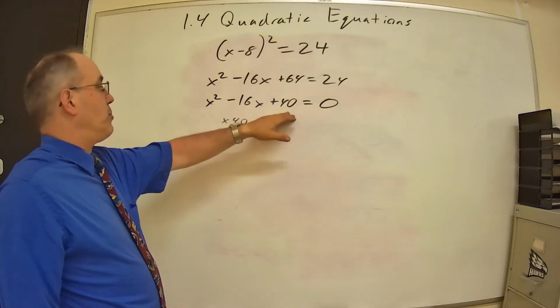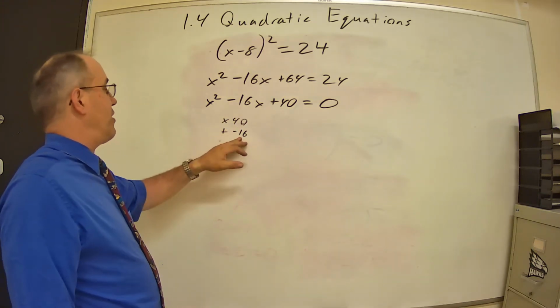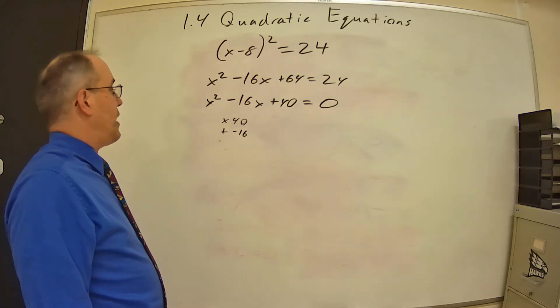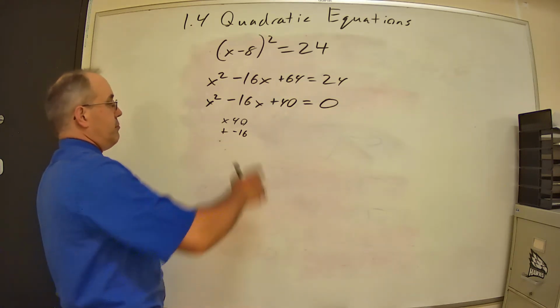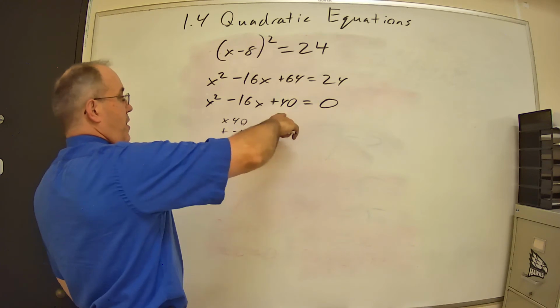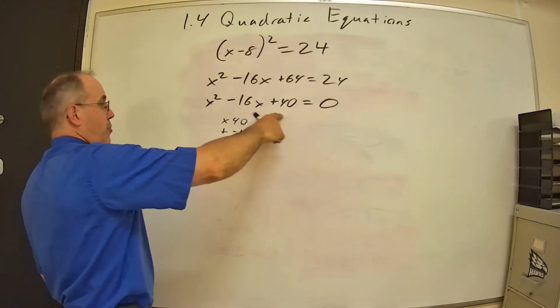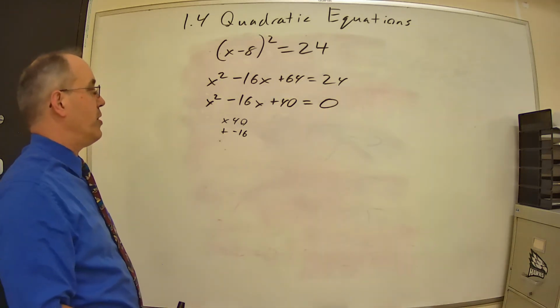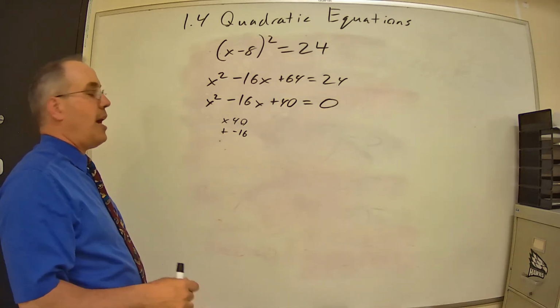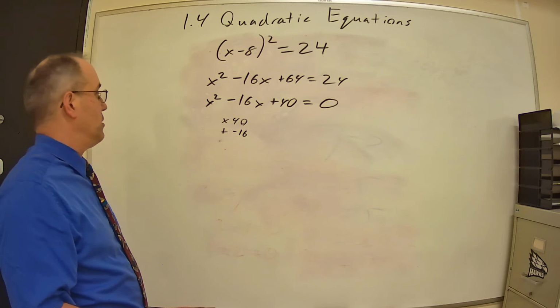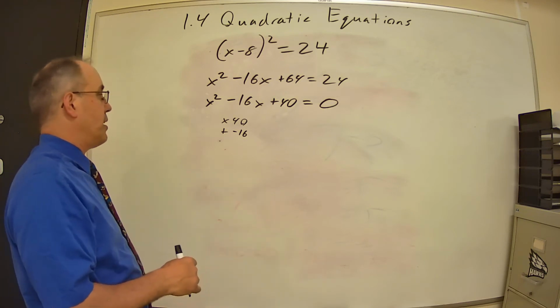And they're going to multiply to 40, add to negative 16. So what can I get out of that? Oh, if you do 4 times 10, that'll give us 40, but that's going to give us 6. What about 2 times 20? No, that's not going to do it for me.